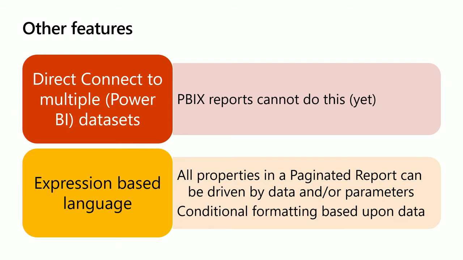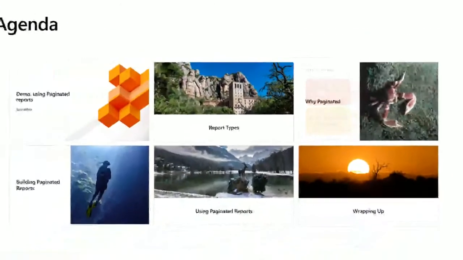And Paginated Reports also contain a very, very powerful, very mature expression-based language. It's probably the best feature of SSRS. Just about any design element can be driven by data. And that's something that we're starting to see come into Power BI Desktop with conditional formatting, et cetera, but isn't really there yet. So those are a couple more reasons as well.